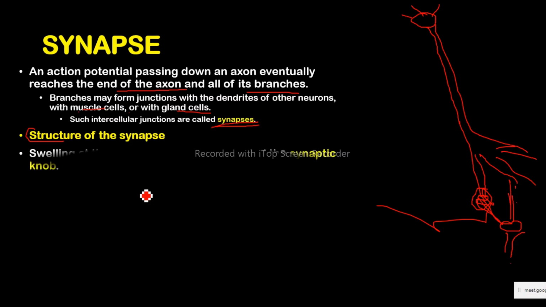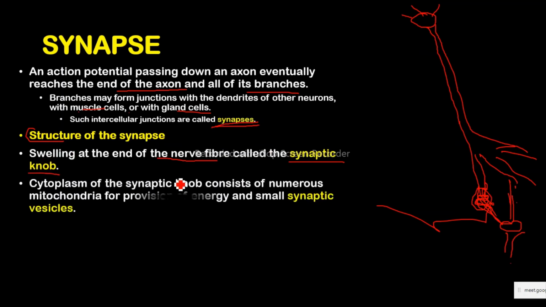Now in your essay, number one, you should tell us that it is a swelling. It is a swelling because you can see there's always some swelling before this one connects. So you are going to see the structure here, don't worry. So it is a swelling at the end of a nerve fiber, called a synaptic knob. Now there are two types of synaptic knobs, where you have the presynaptic knob and the postsynaptic knob.